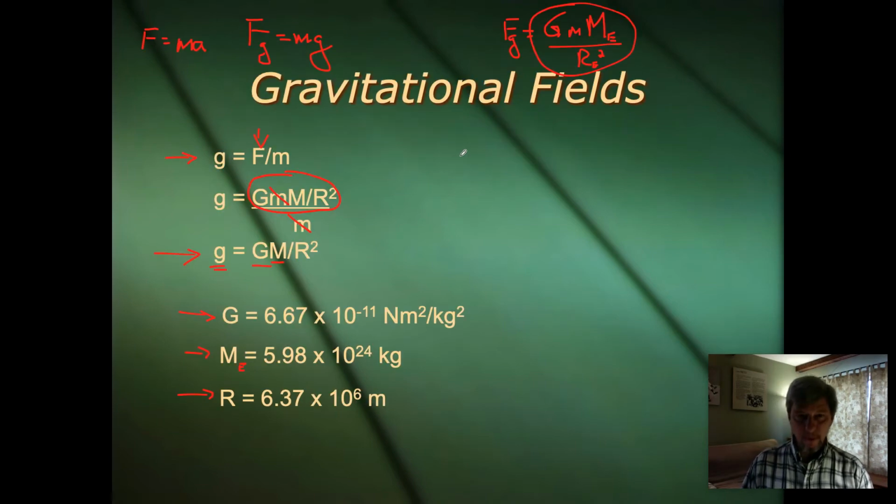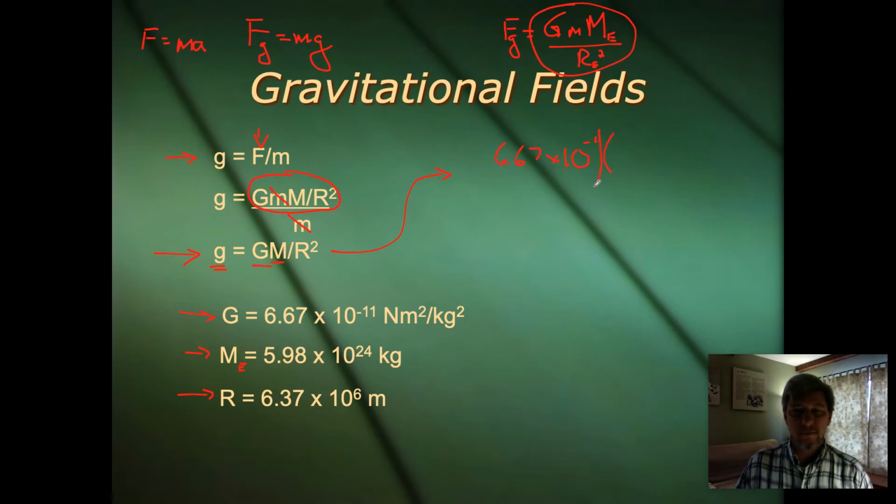So now I'm going to take this formula and bring it up here and do some plugging and chugging. I got 6.67 times 10 to the negative 11th. I'm not going to write out all the units.